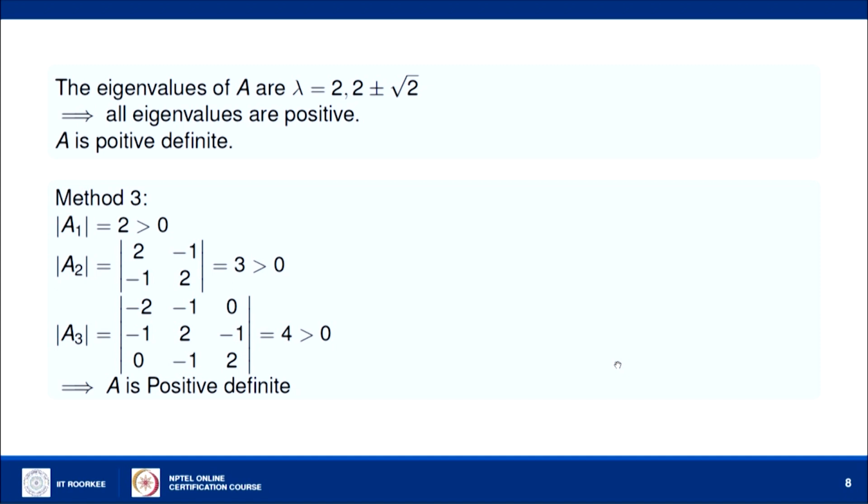So, in this way I have told you 3 different methods to check whether a given matrix is positive definite or not. What are those? The first one, just take a non-zero vector x and find out x transpose A x. If you can write that as a sum of perfect squares, then the given matrix is positive definite.